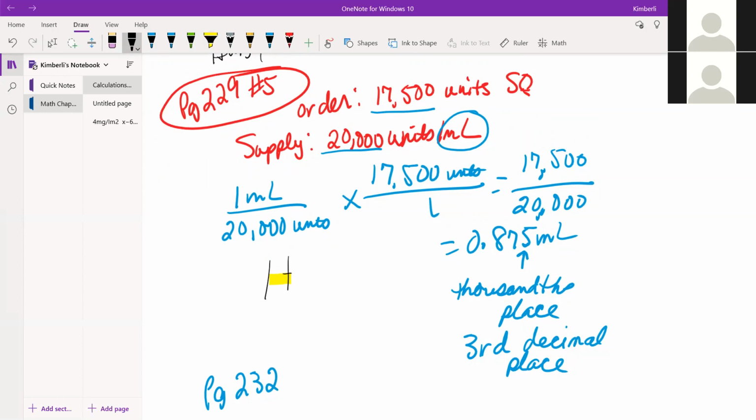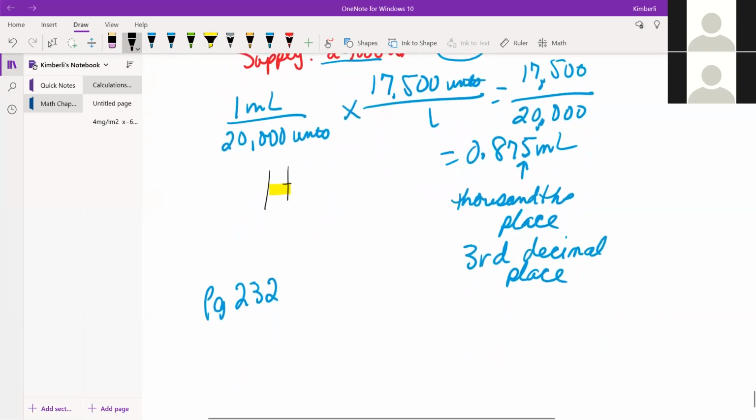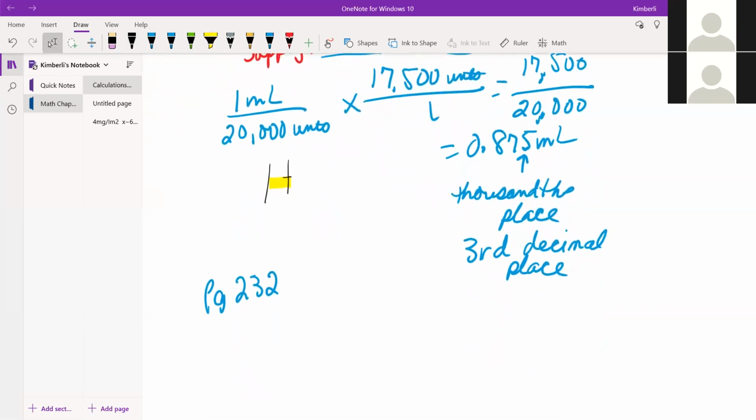So if you were to round that to 0.88 on your test, I would accept that. But I would really want to see the third decimal so I know you did the math right, okay? And thank you for asking. That's a great question, and I meant to cover it, so that's good.